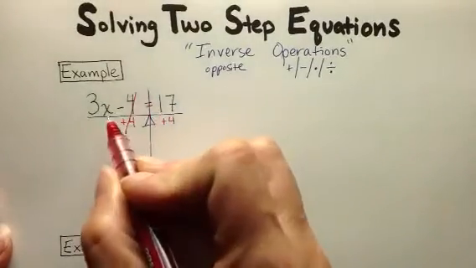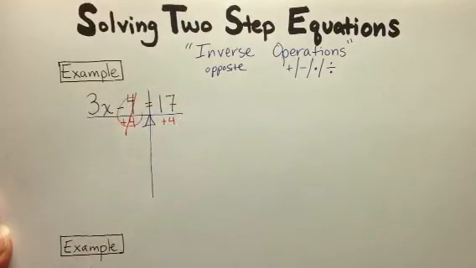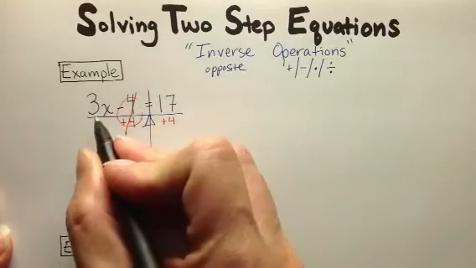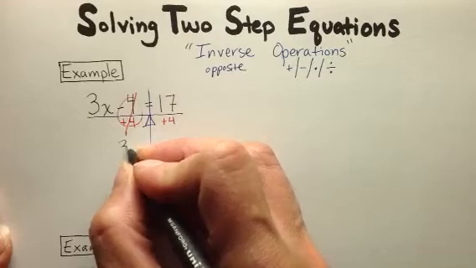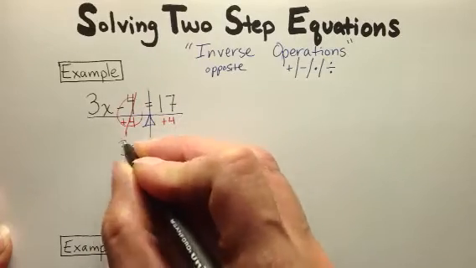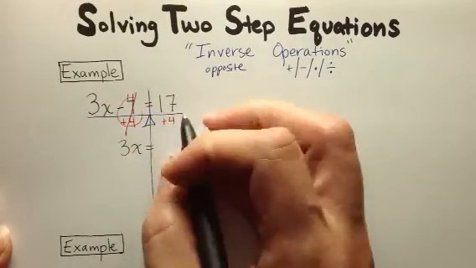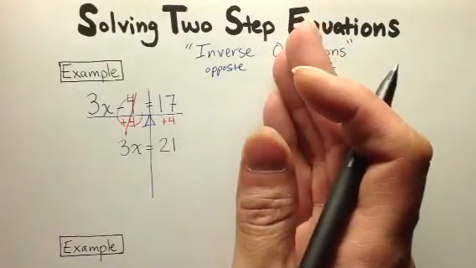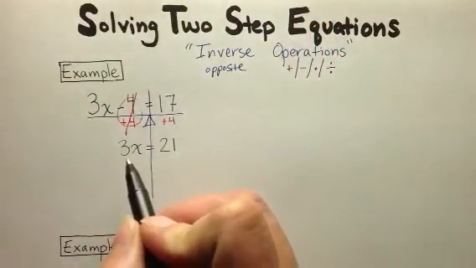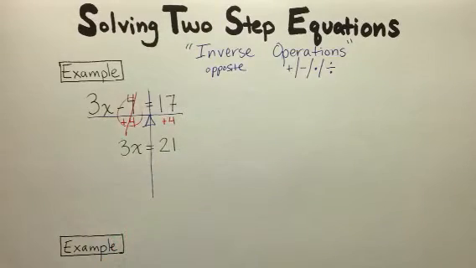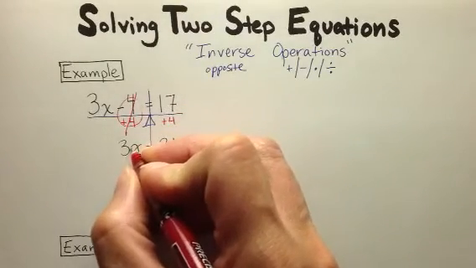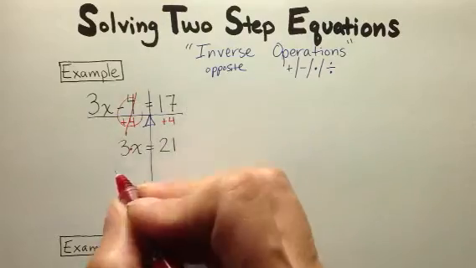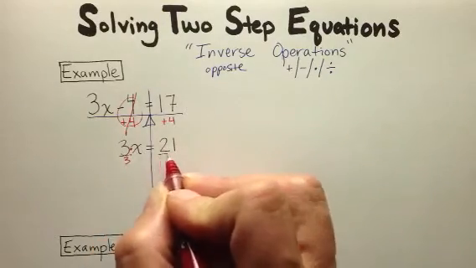Alright, so I got 0 here, and it's going to leave me with 3x. Well, that's really what I wanted, because I wanted the x term alone. So 17 plus 4 is 21. And now I have one more step to get x alone. I want to get rid of this 3. The inverse or opposite of multiplying by 3 would be dividing by 3.